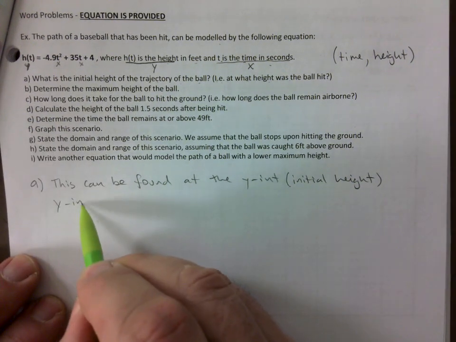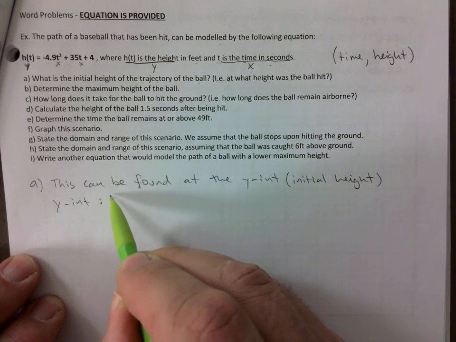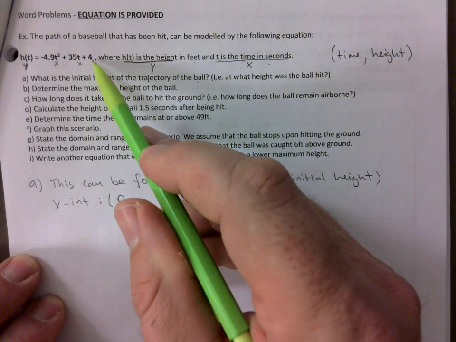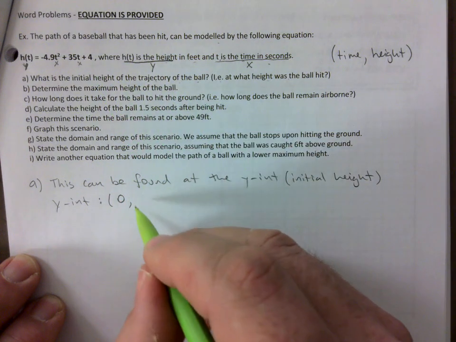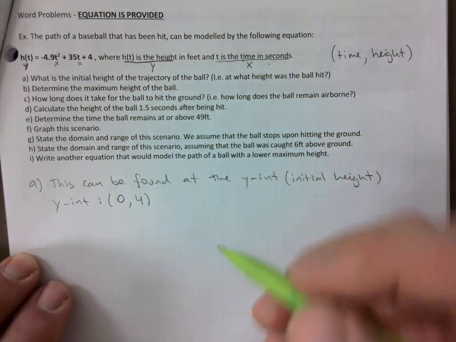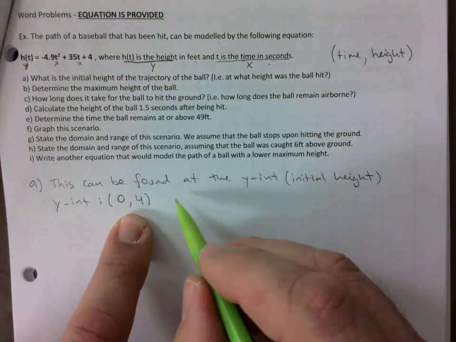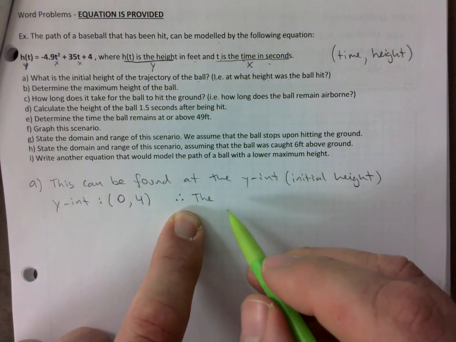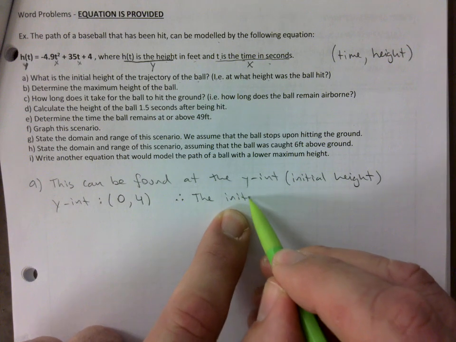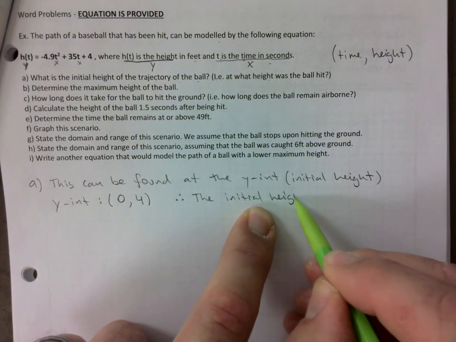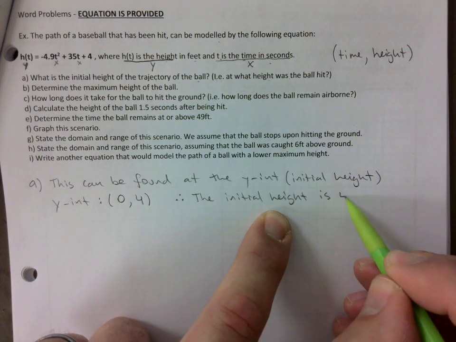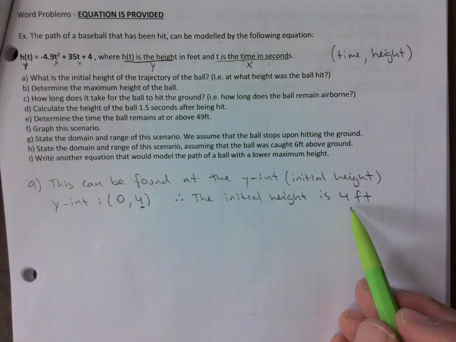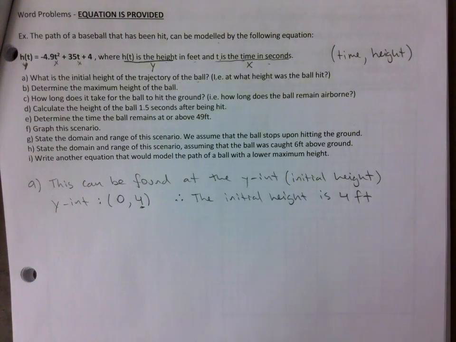The y-intercept in this case is (0, what)? It's in general form, right? So we can just grab that 4: (0, 4). That's the y-intercept. Therefore, the initial height is 4 feet. So this 4 here at the y-intercept told us that this is 4 feet.